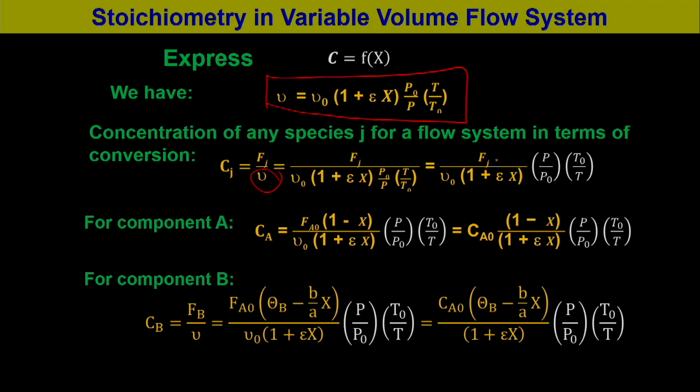To simplify, it would be F j by V naught into 1 plus epsilon X, whole, into P by P naught into T naught by T. So, this is the relation of C j.